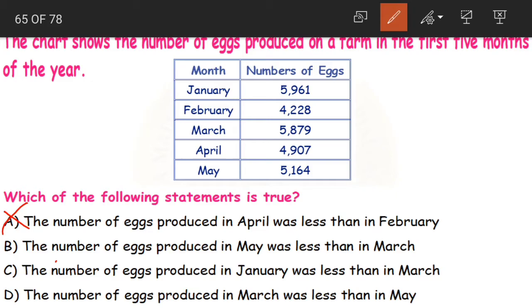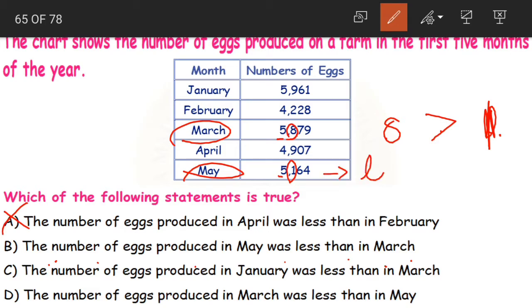Yes. Next, statement B. The number of eggs produced in May was less than in March. May and March. Let us compare. First 5 same. So, going to the next digit 8 and 1. Now, if we compare, 8 is greater than 1. Yes. So, May is the lesser number. The 5,164 is the lesser number.